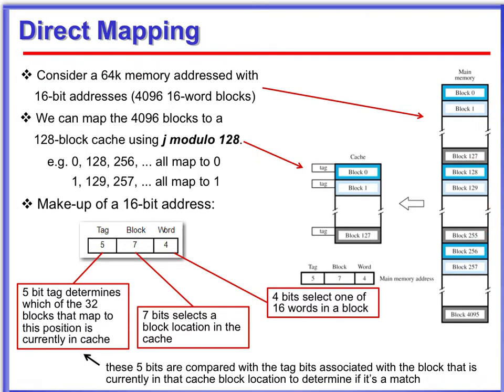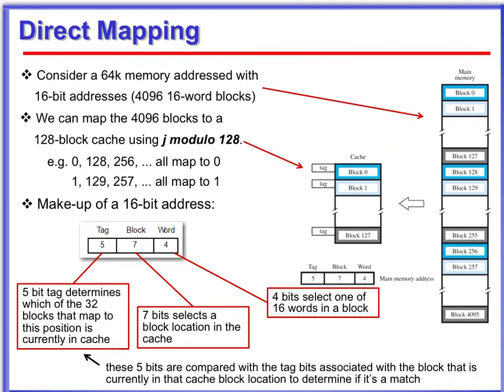And we're going to have 32 of those groups of blocks in the main memory, because 32 times 128 gives us 4,096, okay? And so in the direct mapping scheme, we're going to say that the first block in every group of 128 blocks maps to the same position in the cache, block 0, okay?